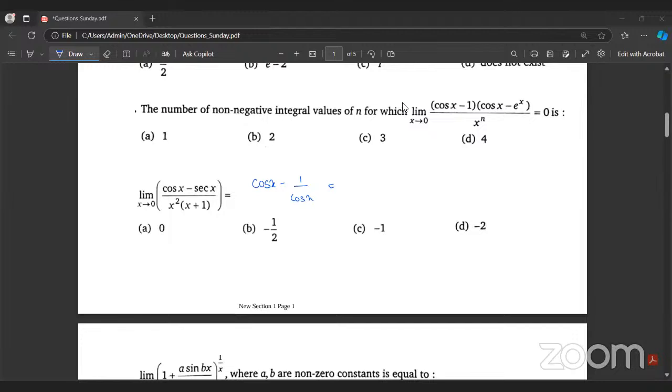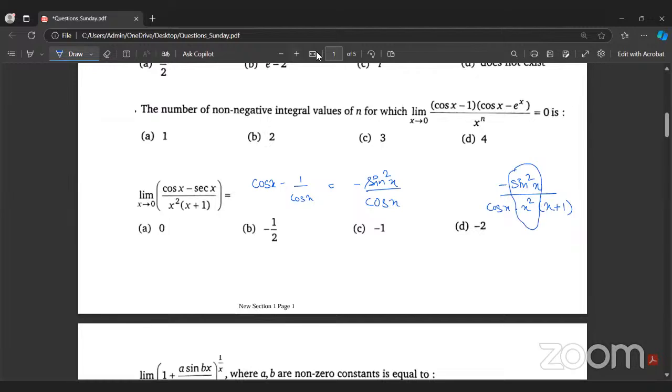So what is cos square x minus 1? It can be written as minus sine square x by cos x. Do you agree with this? Yes, sir. The numerator can be written like this. So now I can write it as minus sine square x by x square into cos x into x plus 1. So x is tending to 0. Can you tell me where sine square x by x square will tend to?